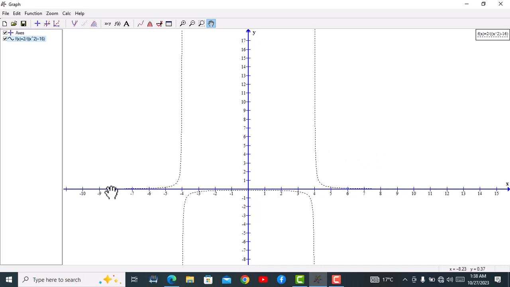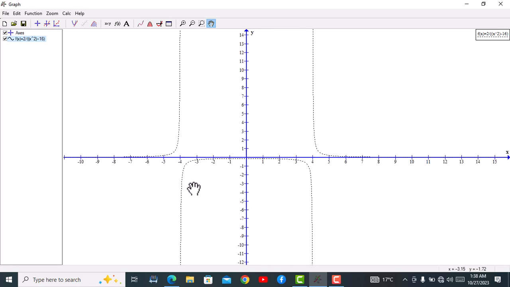So you can see that the graph is heading from negative infinity in terms of the domain to positive infinity. But there's something we should look at here, because we are speaking in terms of the domain. How many pieces do we have? We have 3 pieces. Here they are. Is minus 4 included?